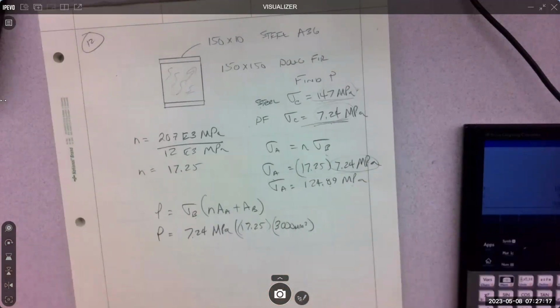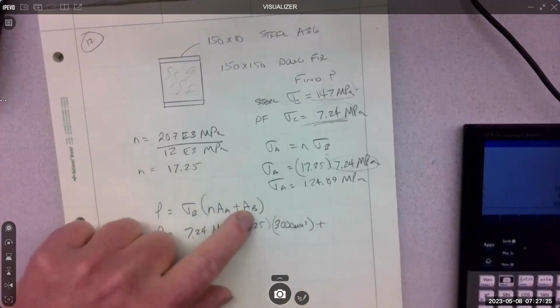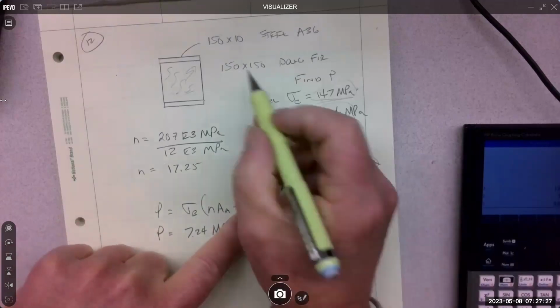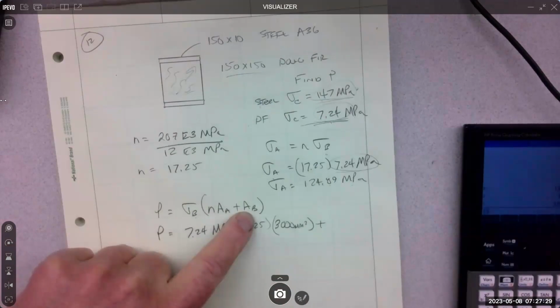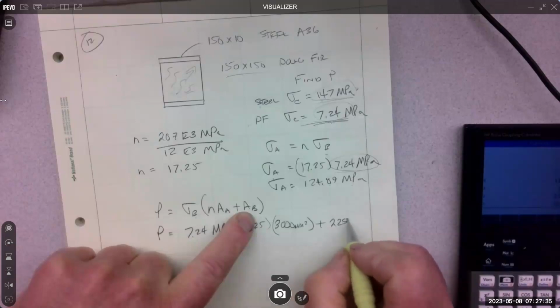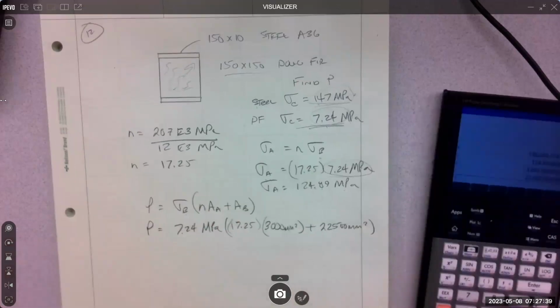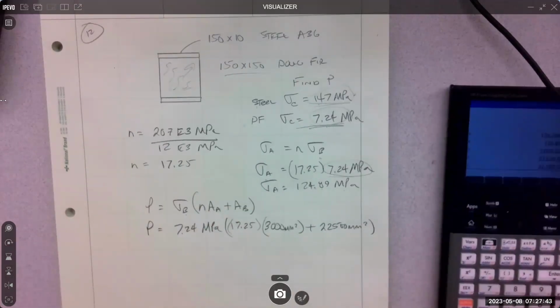So I'm going to have to think about units here to make sure I get everything to work out. But then I'm going to add to it area of A. Using nominal, that's 150 by 150. So that is 22,500. I'm going to just check that again because I went kind of fast. Yep. All right, so we're good.